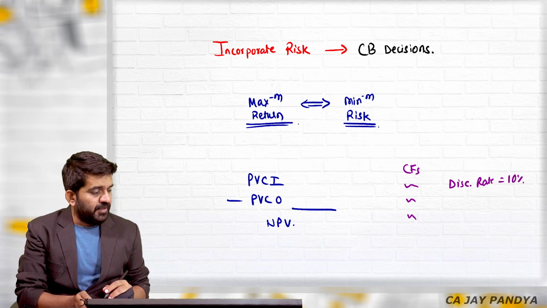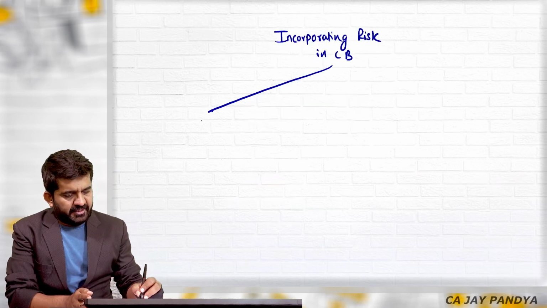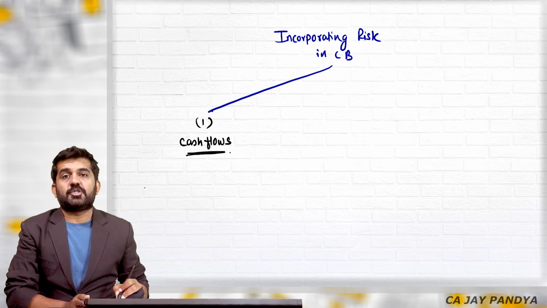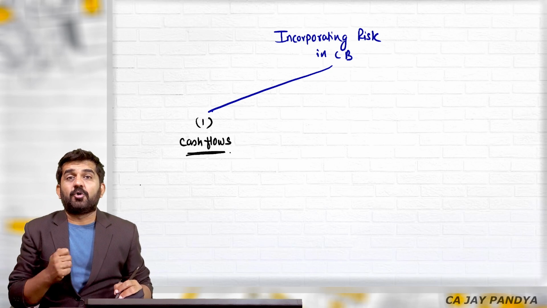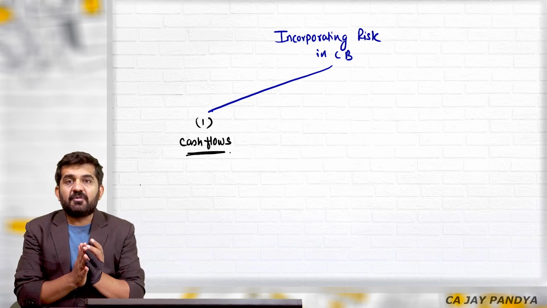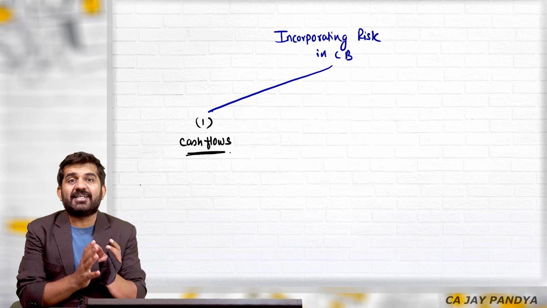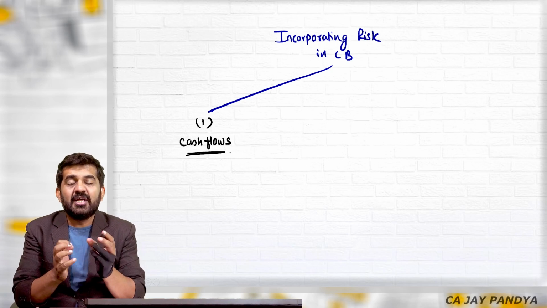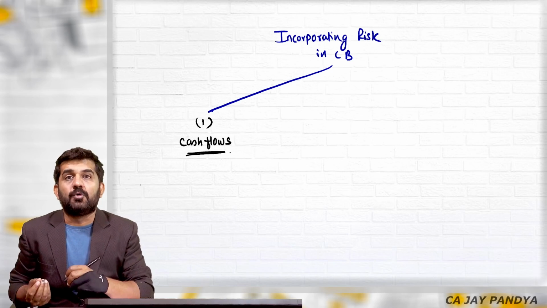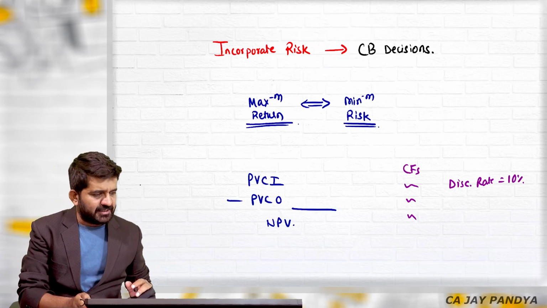We can incorporate risk in number one, cash flows. We may find out probability, certainty equivalent, anything, but we will take that risk factor into consideration in some way in my cash flows.